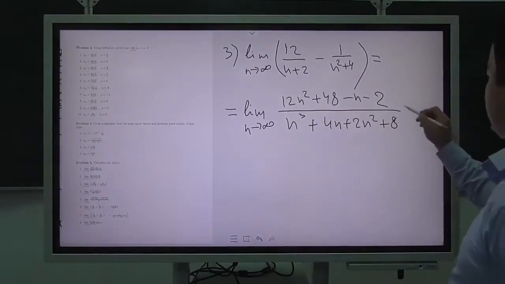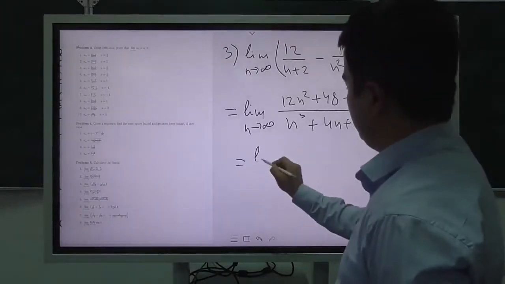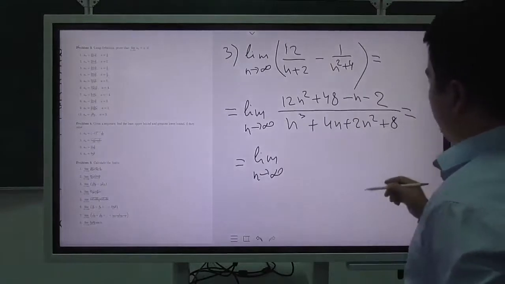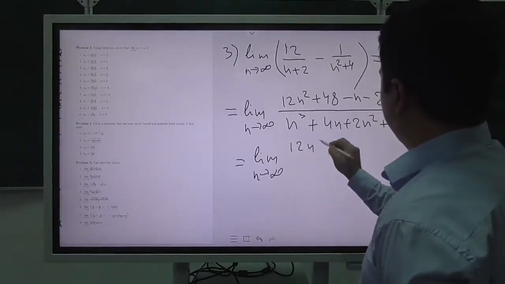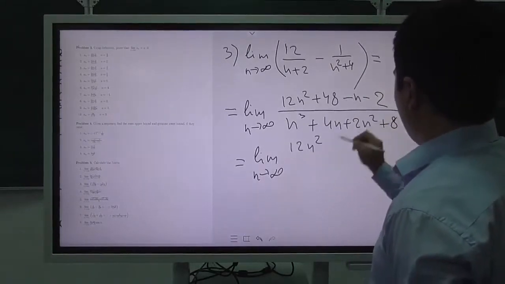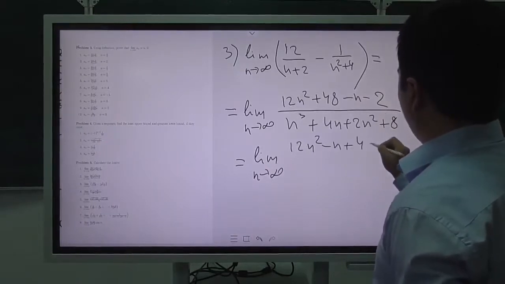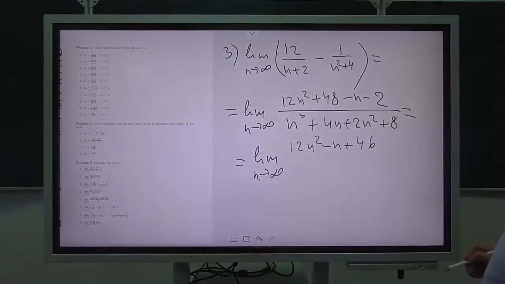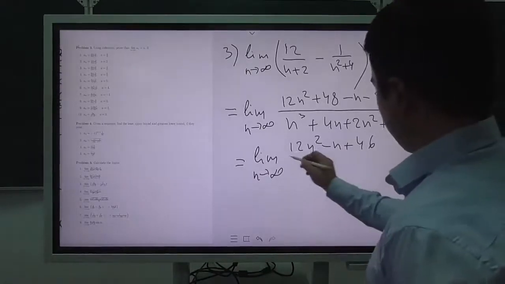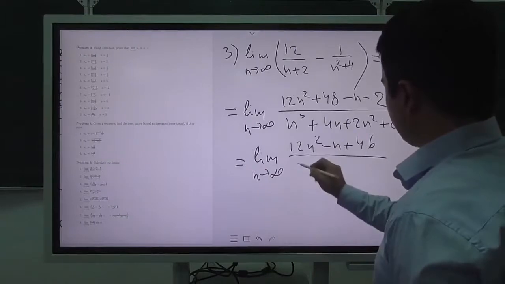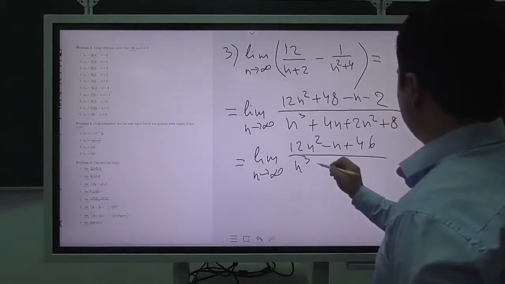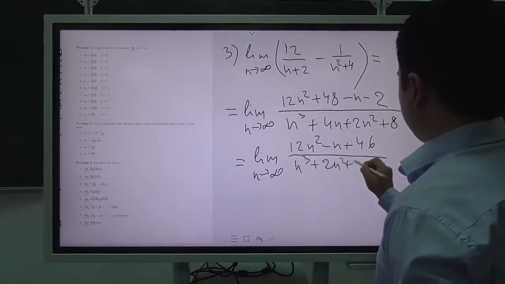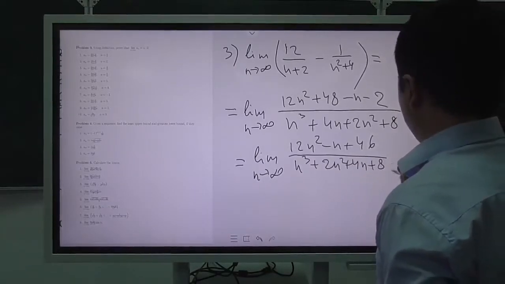So now let's simplify. What we get? 12n squared minus n plus 46, and in the denominator we have n cubed plus 2n squared plus 4n plus 8.